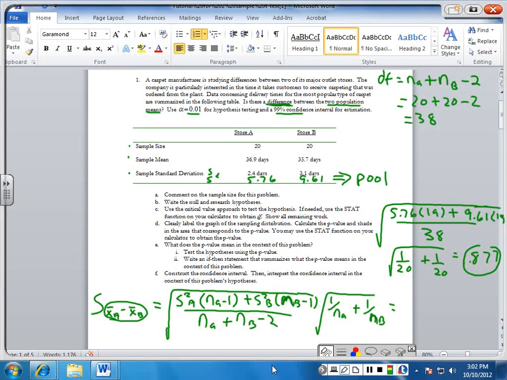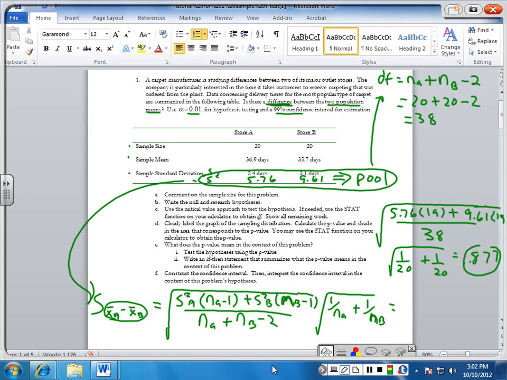So anyway, before I worked anything out, I determined whether or not we need to pool. I looked at the two variances. Neither was twice the other, so I pooled. And I went ahead right away and said for the pooled, here's the formula for degrees of freedom, and I calculated it. And also, here's the formula for standard error, and I calculated it.